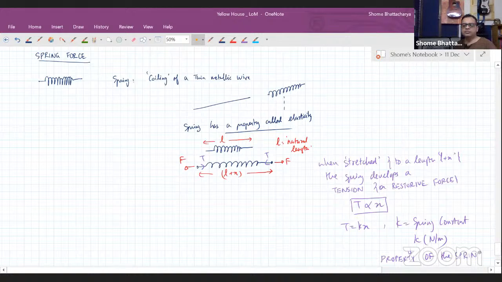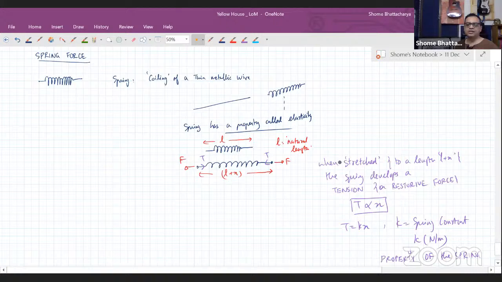So it depends on the material of the spring as well as the geometry of the spring. All these factors it depends on. So the spring constant is not something that we can derive by a formula, rather it is something that is experimentally measured. But as it turns out, the more we stretch the spring, the more will be the tension force. It will be directly proportional to X.